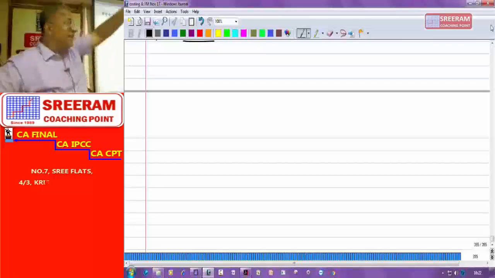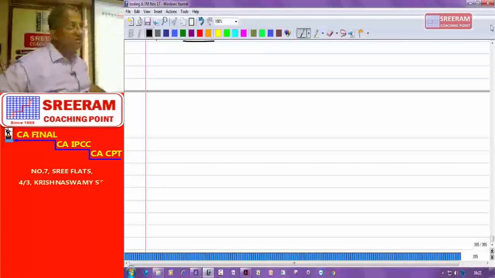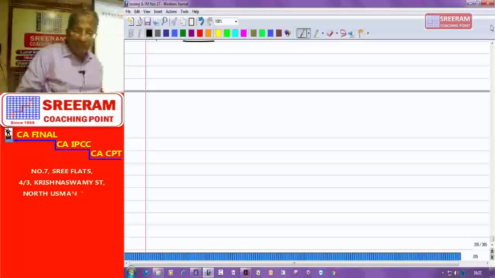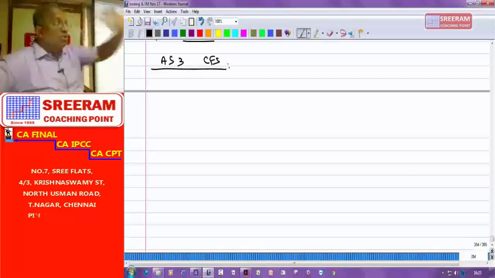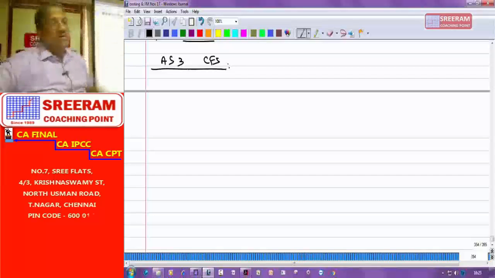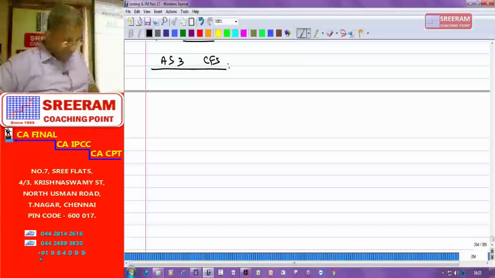So straight away you can do AS3 cash flow statement. In this, the last two items, opening cash and cash equivalents, closing cash and cash equivalents, will not be there at all, because nothing is given.